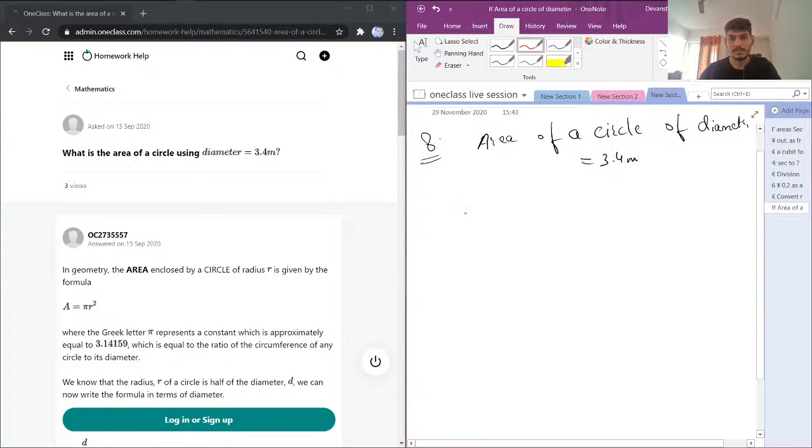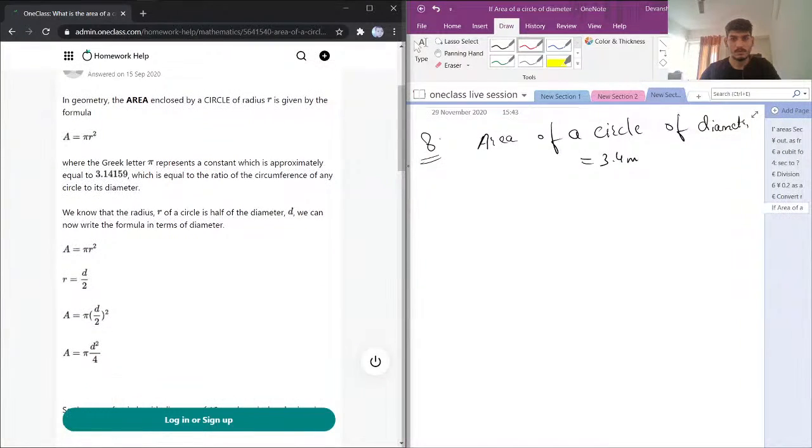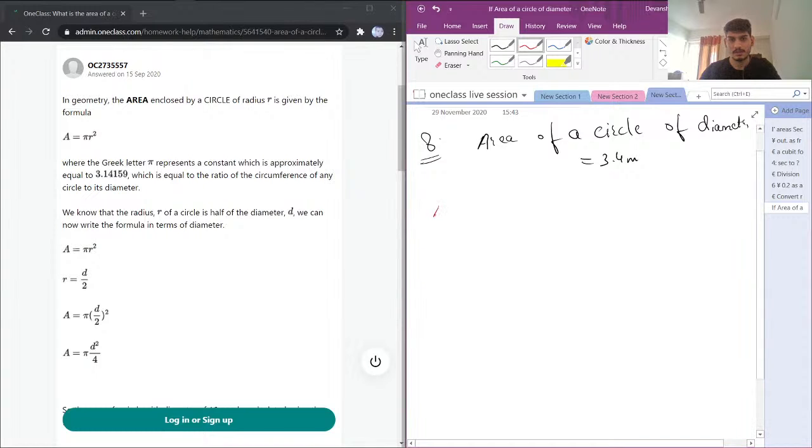So for this, in geometry, the area enclosed by a circle of radius r is given by the formula A equal to pi r square. Area of a circle is given by A equal to pi r square, where r is the radius of the circle and pi is the ratio of circumference to the diameter of a circle.